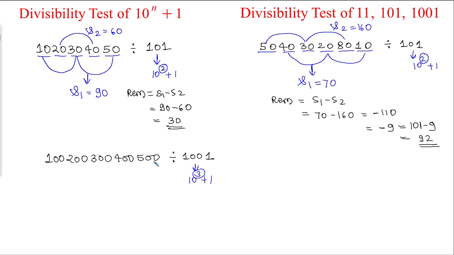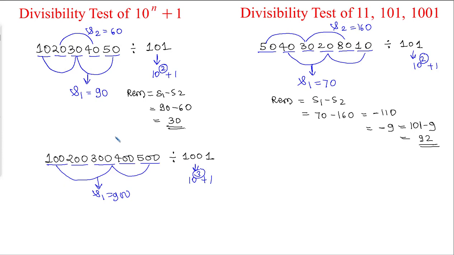From the right hand side we make groups of three digits each, like this. Starting from the rightmost group, add all alternate groups: 500 plus 300 plus 100, that is equal to 900. Let's call S1 as 900.